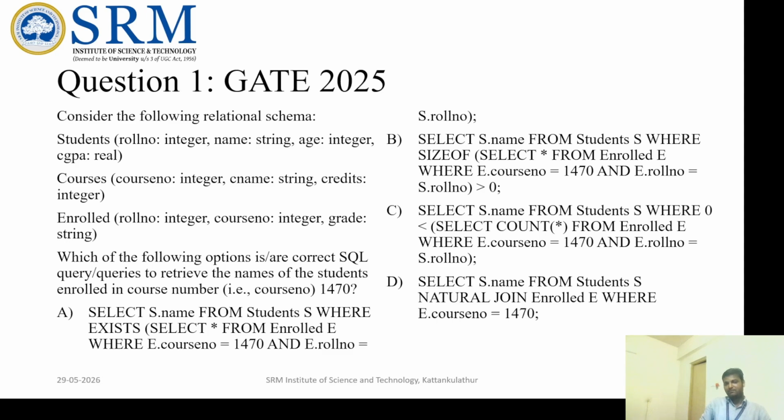Enrolled, another entity, where the student will enroll for a course: the student's roll number, course number, and the grade, the marks the student has got. The question is, which of the following options is a correct SQL query or queries to retrieve the names of the students enrolled in course number 1470. So specifically they have told the course number 1470. Okay.